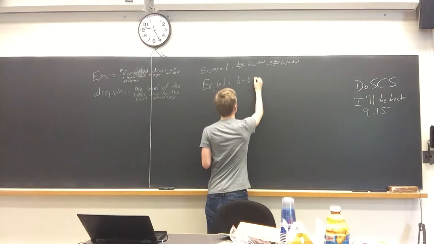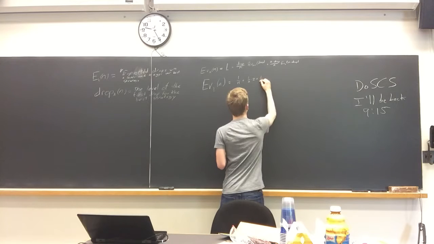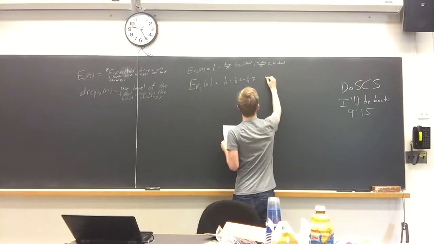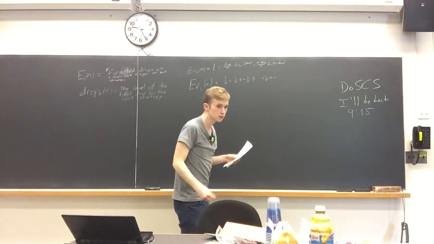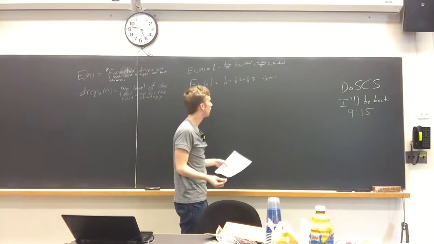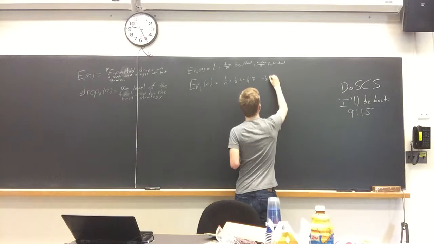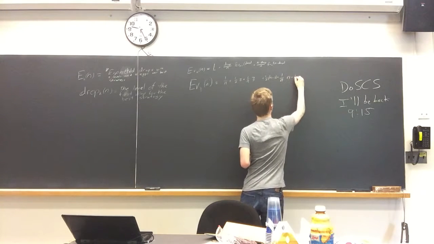So that's 1 over n times 2, plus 1 over n times 3, up until 1 over n times n minus 1. And then you might think 1 over n times n, but it's not. It's going to be another 1 over n times n minus 1.